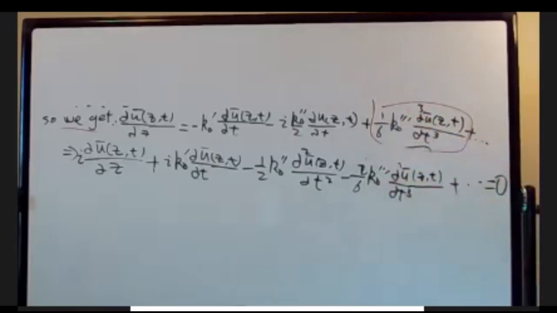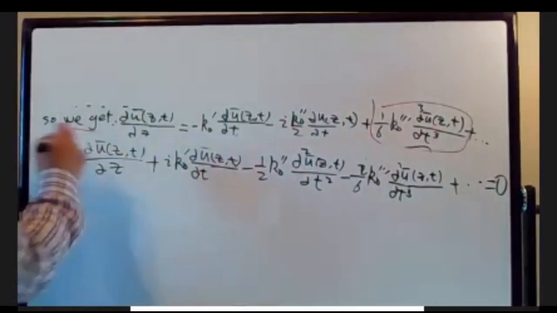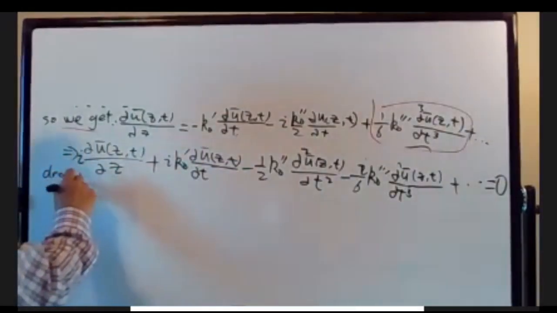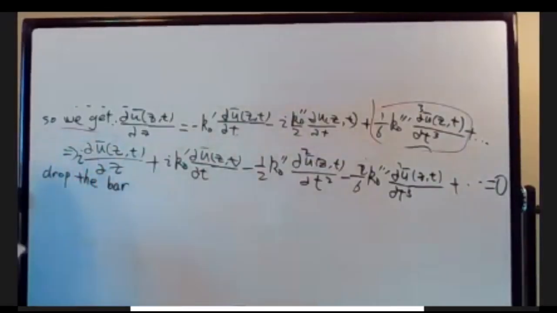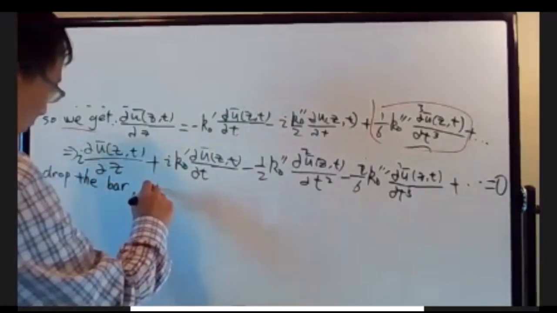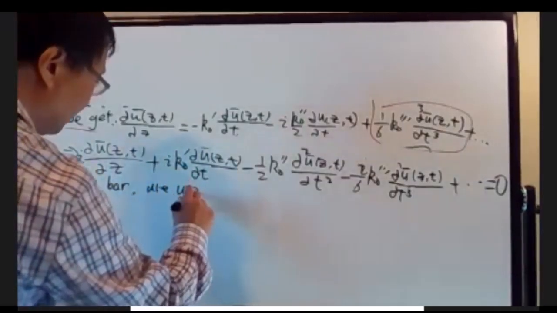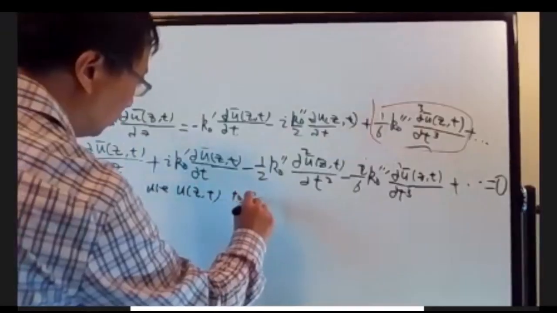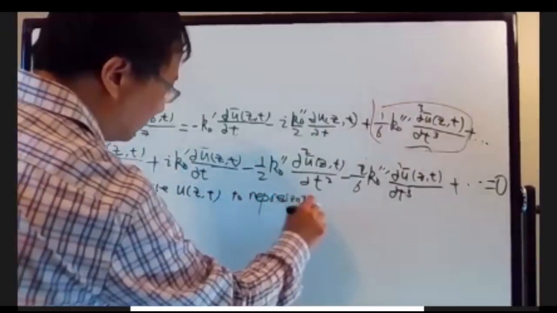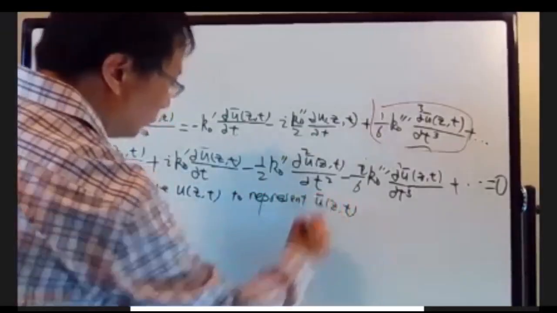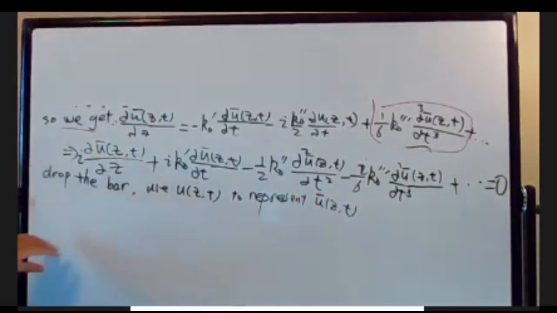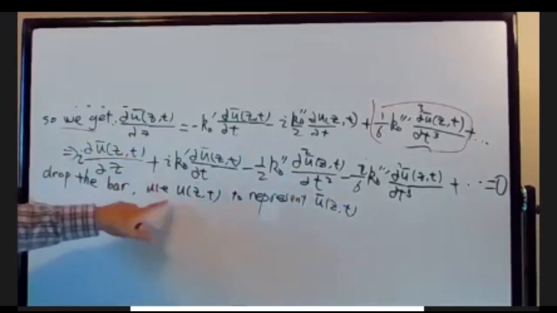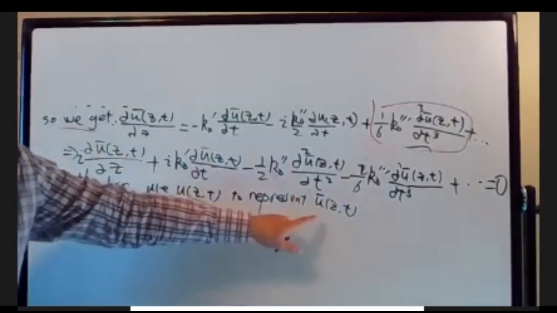Okay, now let's drop the bar. From now on, I'm going to drop the bar and use u(z,t) to represent u bar(z,t).